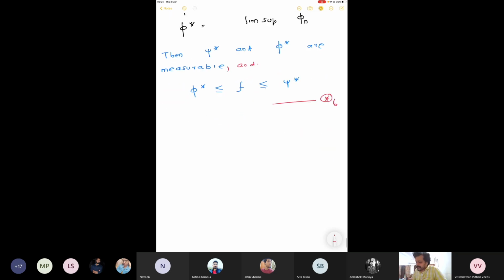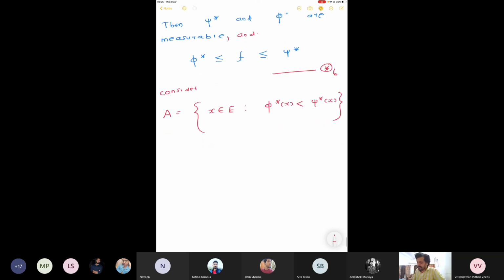So let me consider A equal to the collection of all x in E such that phi star of x is strictly less than psi star of x. Look at star 6 and keep that in mind.